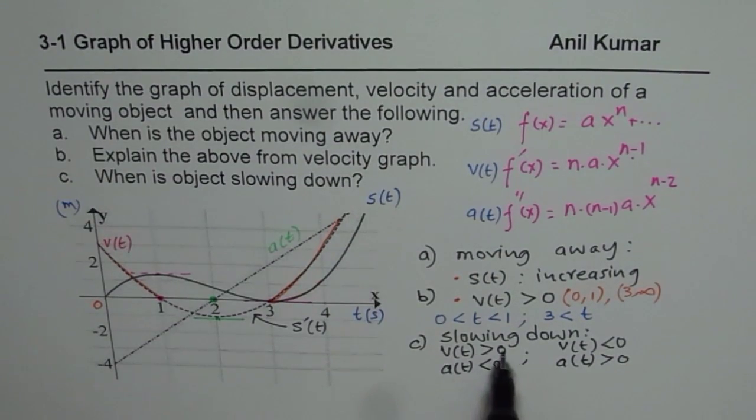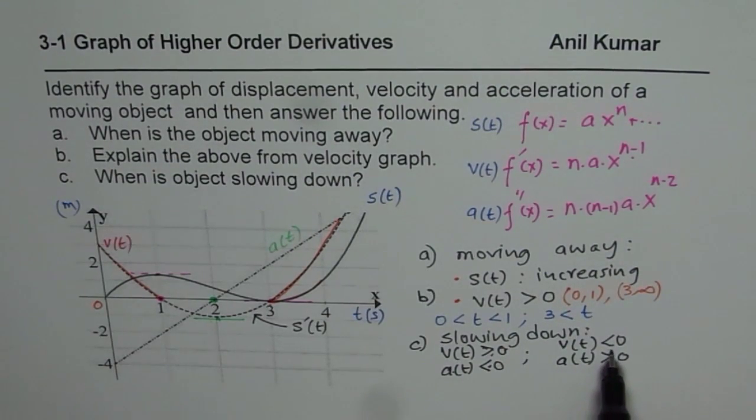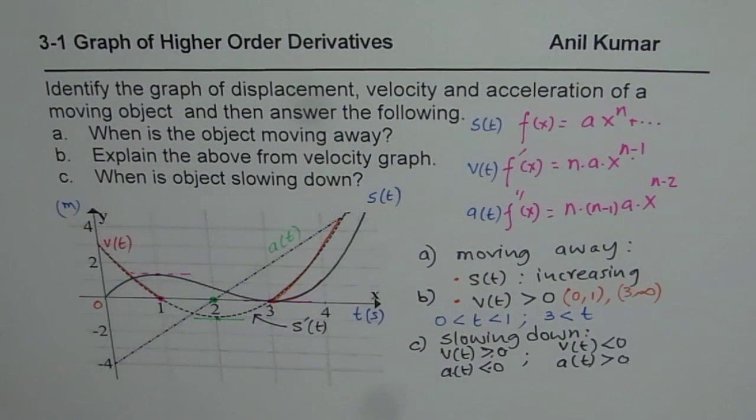If you are moving north, your velocity is positive and acceleration is negative, means you apply brakes. So you are decelerating, negative. That means slowing down, applying brakes when moving north. However, if you are moving south, in that case, velocity is considered to be negative. Do you understand? And applying brakes, negative of negative, will make it positive. So that is how we need to see it.